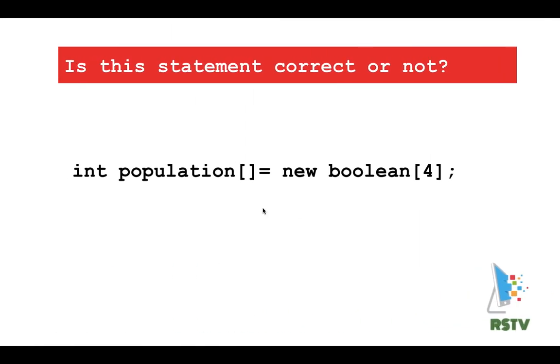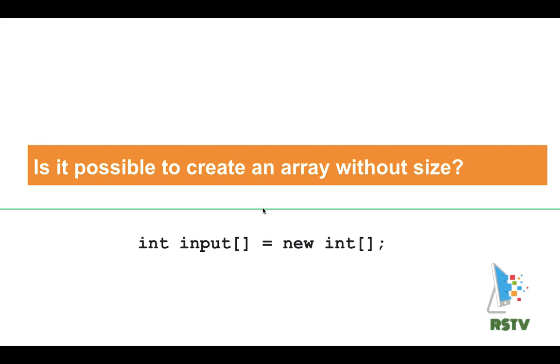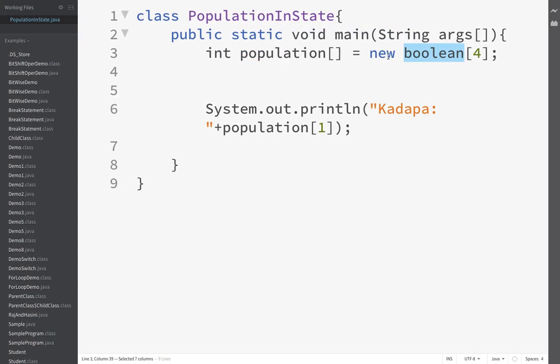Next question. Is it possible to create an array without size? This statement is also false. We can't create arrays without size. We should give some value, otherwise it will give a compilation error. So I will change it here.